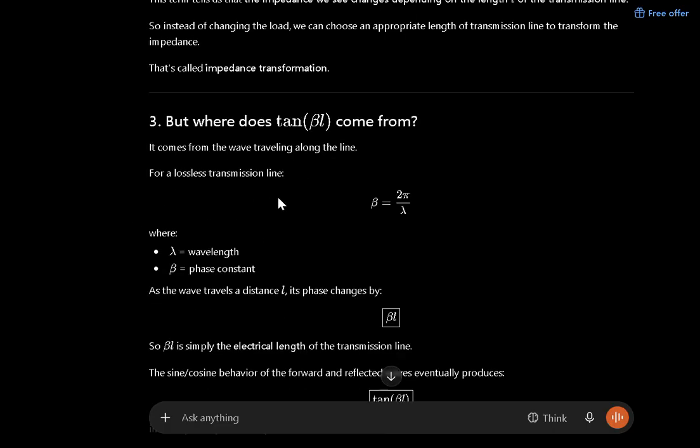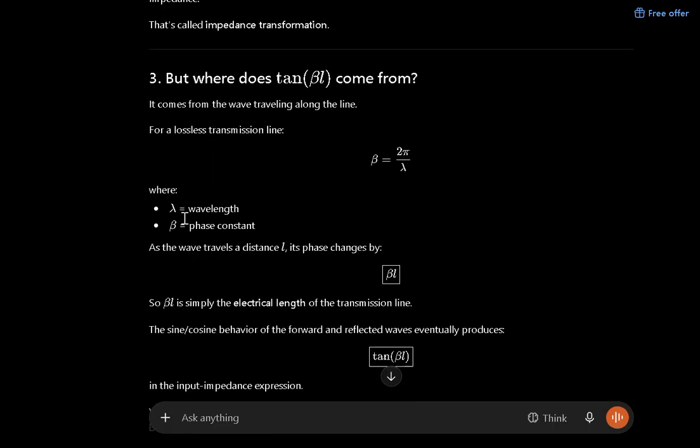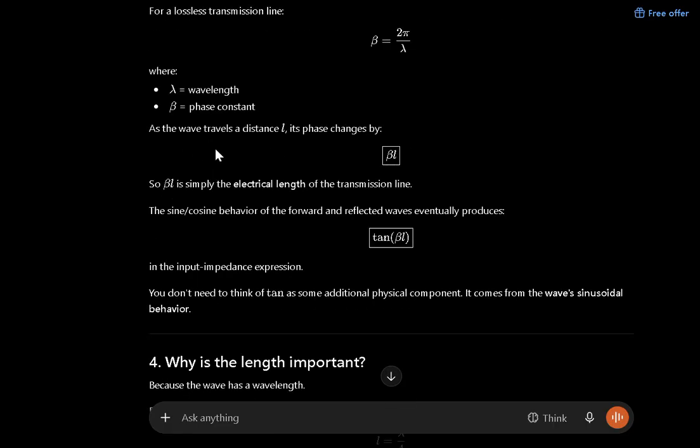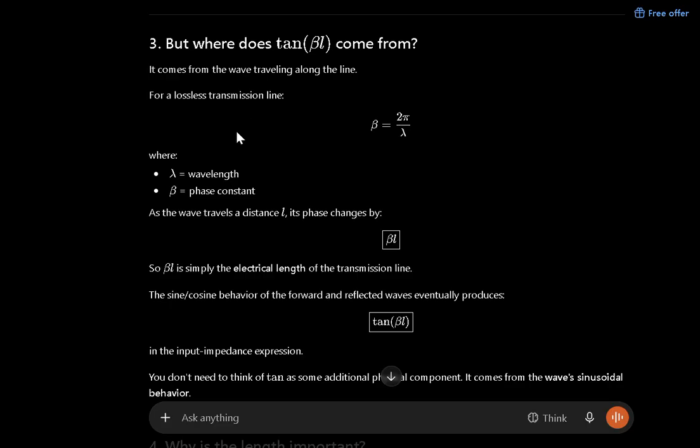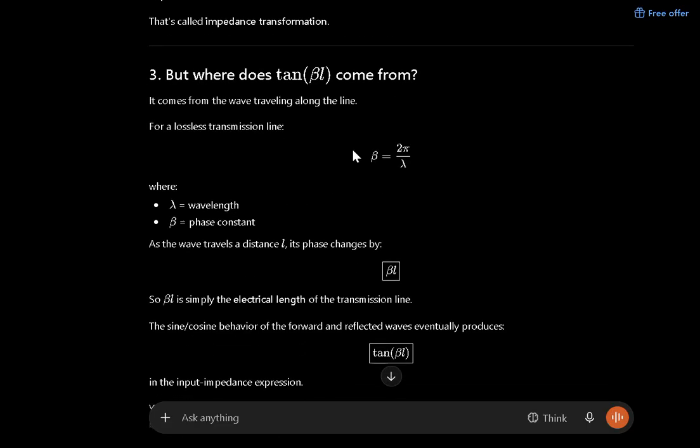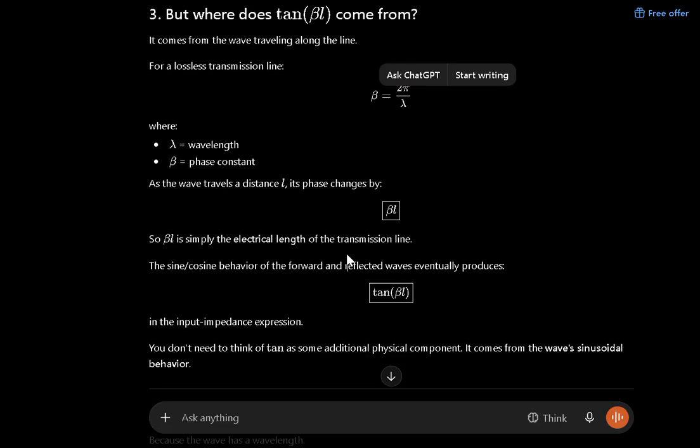For a lossless transmission line, beta equals 2 pi by lambda, where lambda equals wavelength and beta equals the phase constant. As the wave travels a distance L, its phase changes by beta L. So beta L is simply the electrical length of the transmission line.